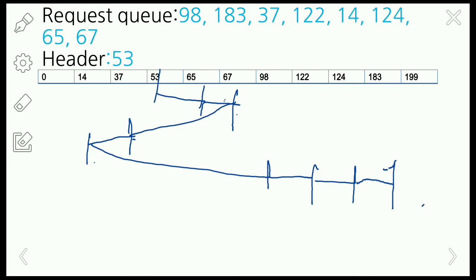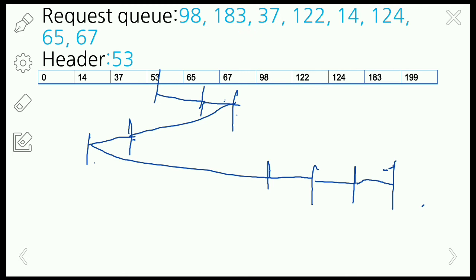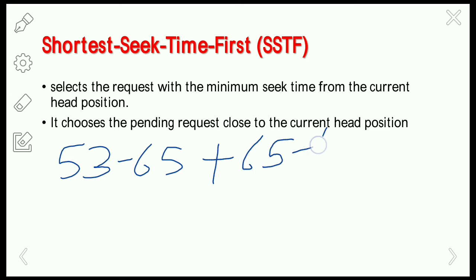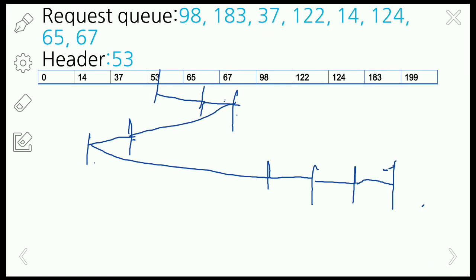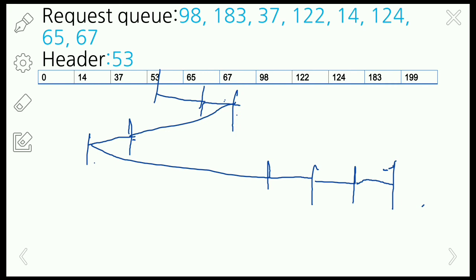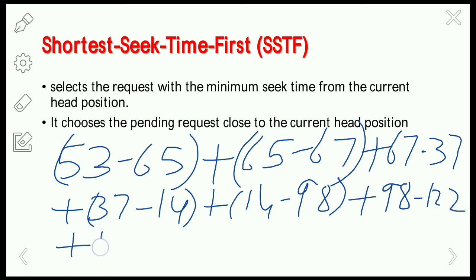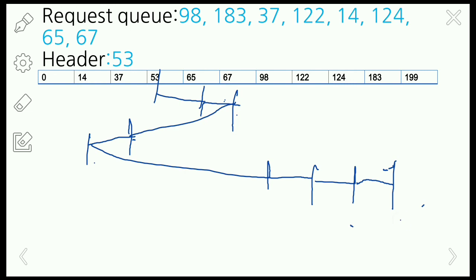That is 53 to 65, plus 65 to 67, plus 67 to 37, plus 37 to 14, plus 14 to 98, plus 98 to 122, plus 122 to 124, plus 124 to 183.